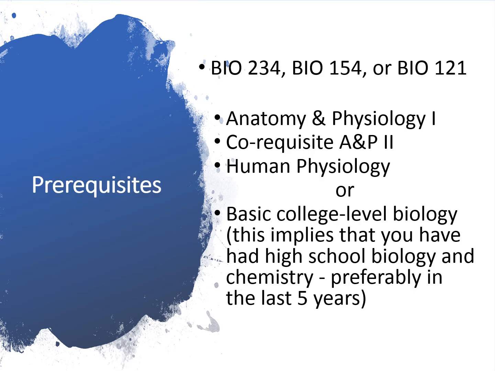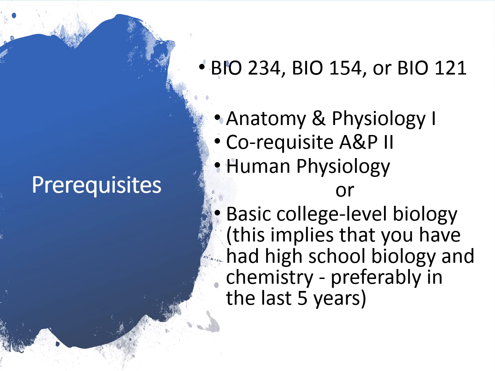To be in this class, you should have had Bio 234 either previously or you're taking it while you're taking micro. You could have also had Bio 154, that's the human physiology, or you could have taken the Bio 121, which is the majors version of college bio. All of this presupposes that you've had some chemistry, you've had some biology, and this is not your first science class.